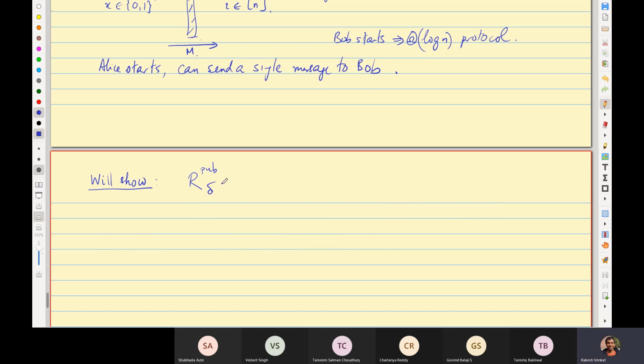So I'll allow a delta error, and maybe the error I will just rephrase to be half minus delta. Okay, so this is the main theorem that we're going to show.